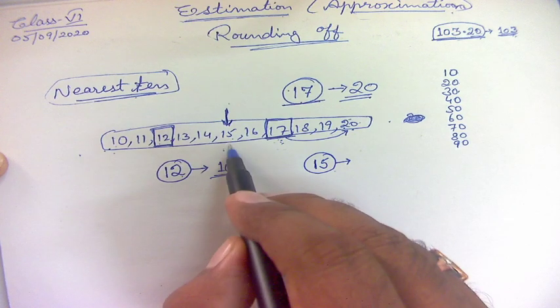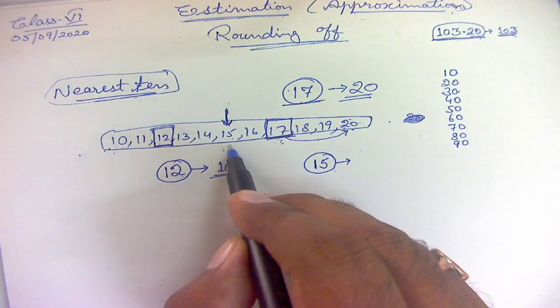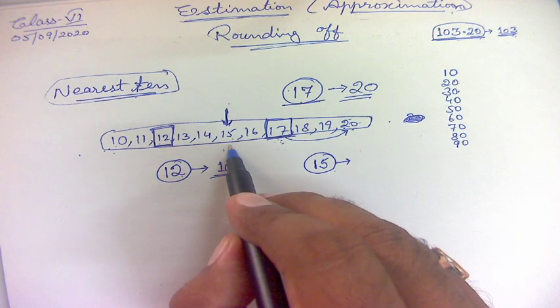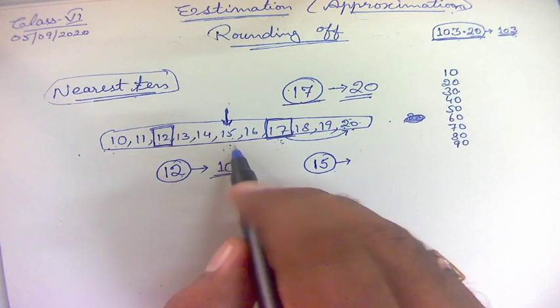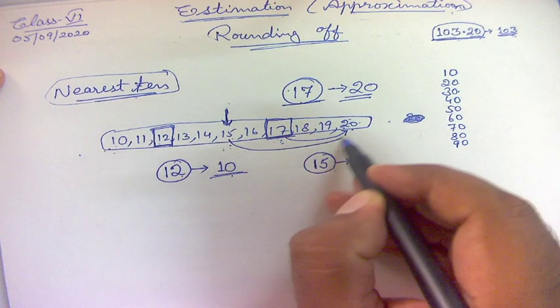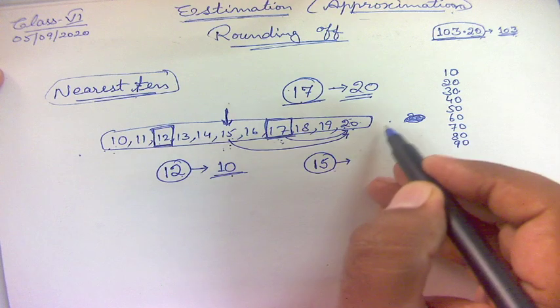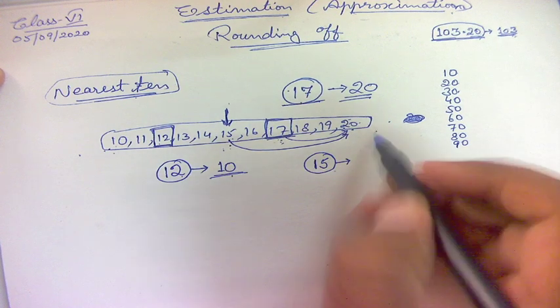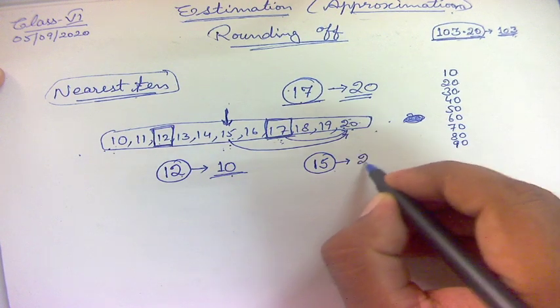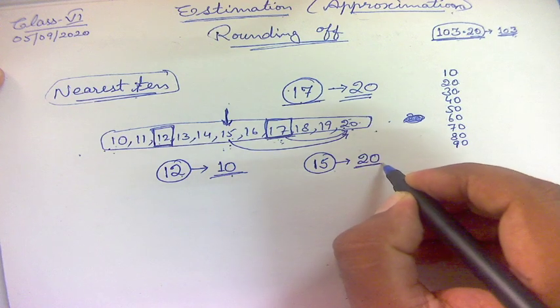Now in this case, how do we round it off? If it is the center point, we are going to round it to the next one. हम उसको उसके बाद जो टेंस आएगा उसकी तरफ राउंड ऑफ करेंगे, यानी 15 को राउंड ऑफ करते हैं तो वो 20 आएगा, it will be 20.